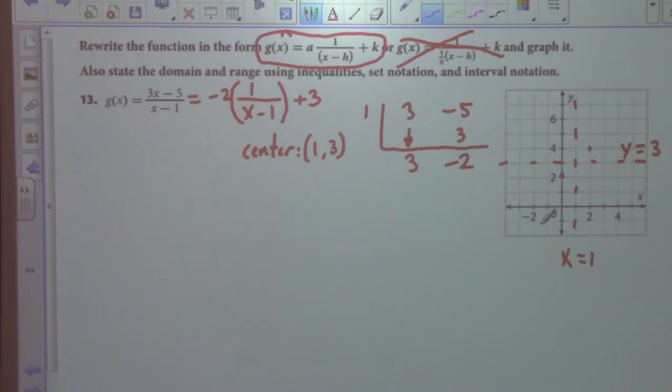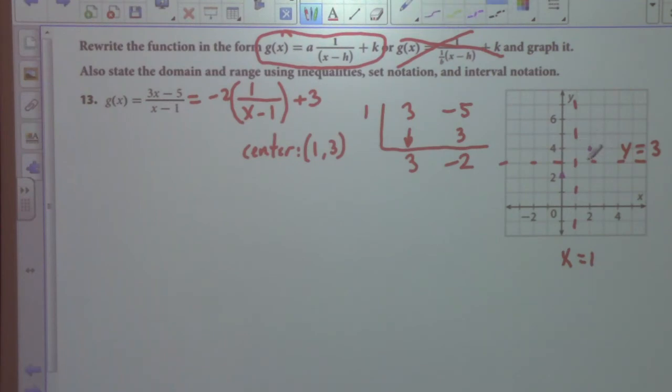I'm just marking those temporarily, because what else do we have to concern ourselves with? -2. What does that -2 do? Vertical stretch. That's 1. What else? Reflect about the x-axis. But it's a revised x-axis, isn't it?